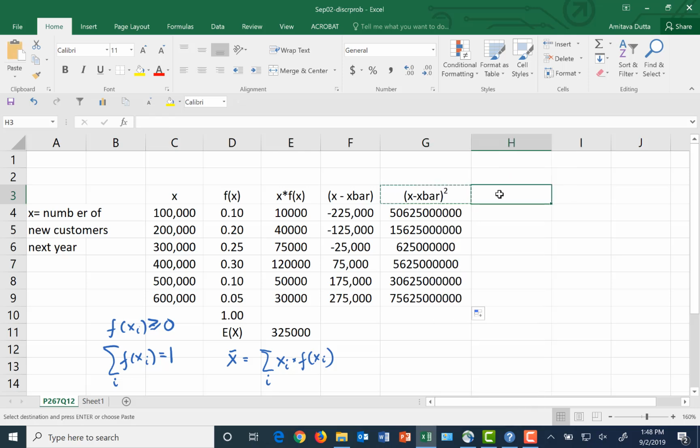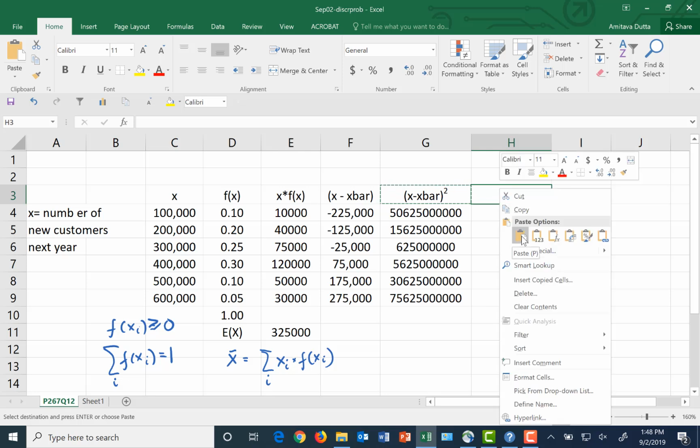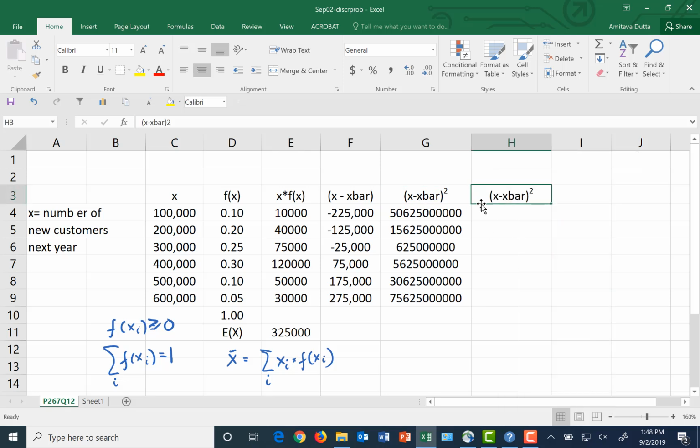Copy, paste. And I'll multiply this by the probability. So I took each squared difference and weighted it by the probability. Why did I weight it by the probability? Because all the outcomes are not equally likely.